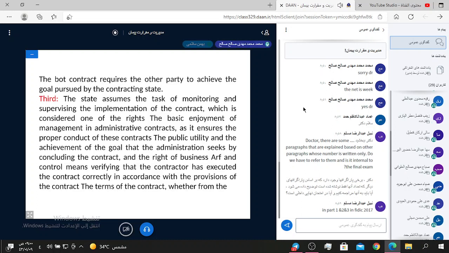The BOT contract requires the other party to achieve the goal approached by the contracting state. Third, the state assumes the task of monitoring and supervising the implementation of the contract, which is considered one of their rights.